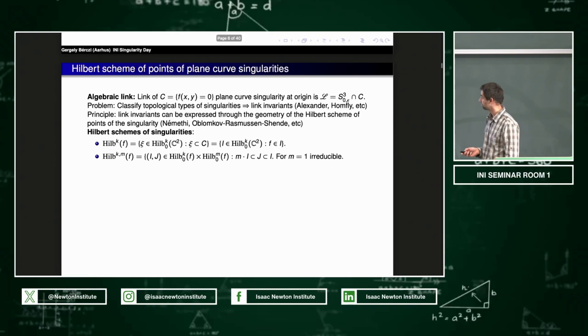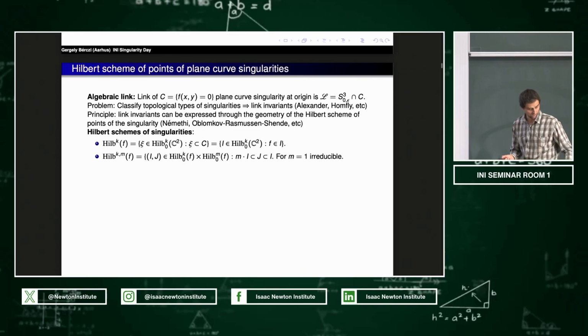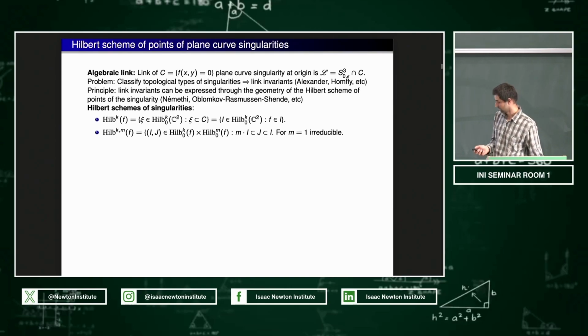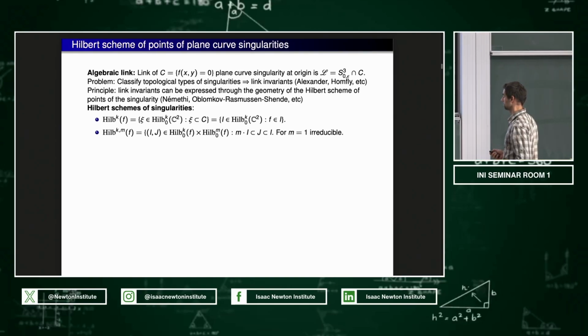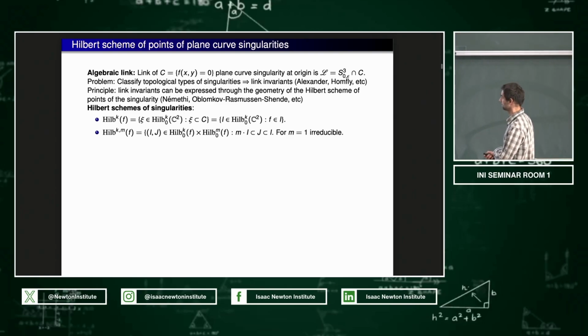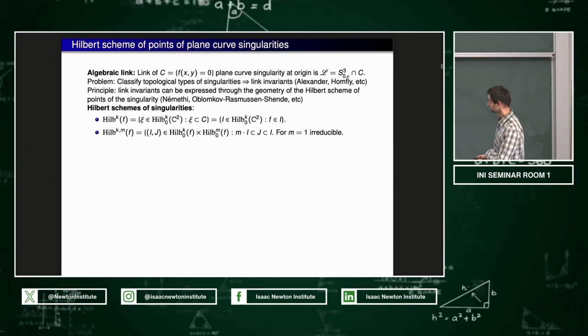That's the Hilbert scheme of the singularity, and we can introduce different gradings on this, or nestings if you want. One common nesting on this Hilbert scheme, if you take two parameters k and m, is to take pairs of subschemes satisfying some conditions.